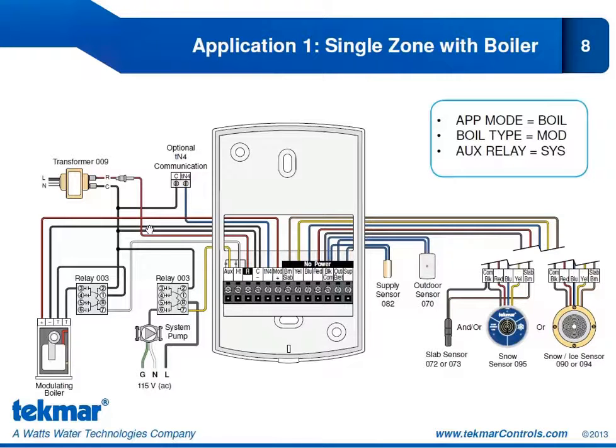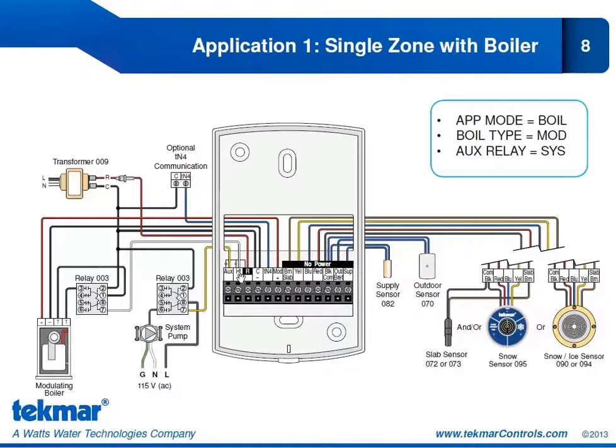You can see we do have power from our transformer coming into the R and the C. The R is of course tied to the heat and the auxiliary relay. So our heat relay is being used as a boiler enable for our modulating boiler. And we need that isolation relay because we want a dry contact for the TT.